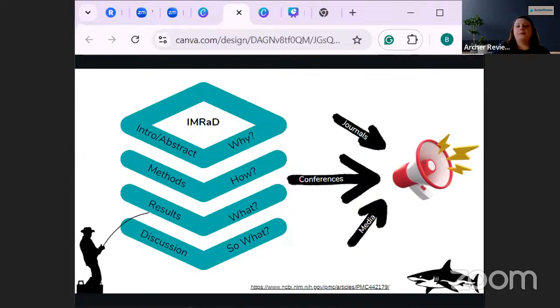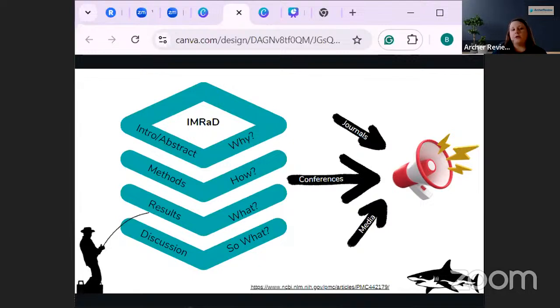And then the IMRaD always starts really general, with the introduction or maybe a little abstract, and then thinking about methodology and results, it gets more specific, and then the discussion, okay? When we start looking at the discussion, it goes back to general information, right?